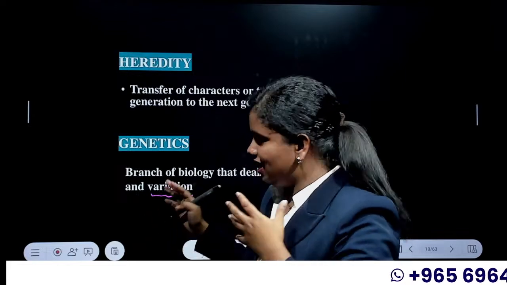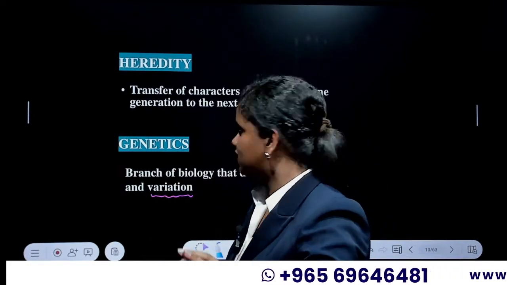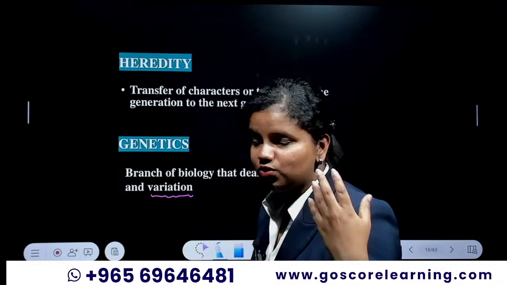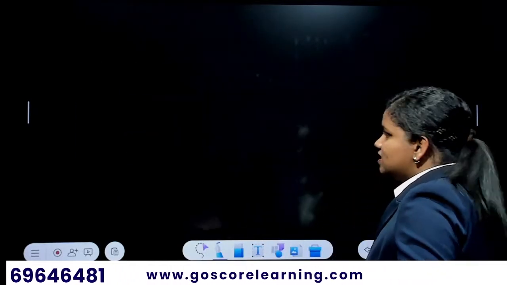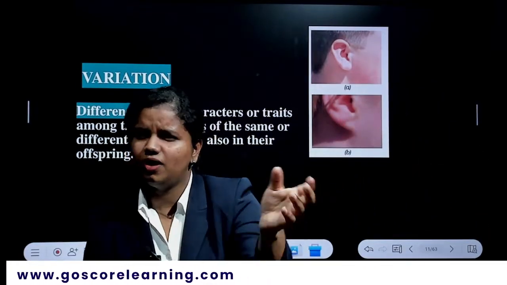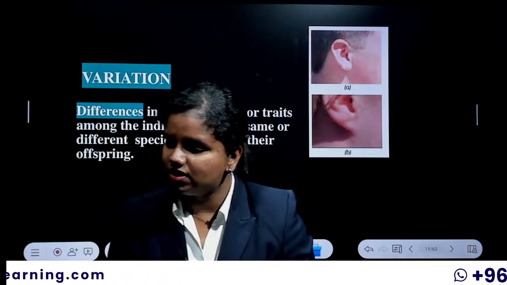Anyways, let's finish up this question. Genetics is nothing but a branch of biology that deals with heredity and variation. Study now and here. Don't take it anywhere. You can learn it by heart from here. And now let's discuss what the new term is, variation. From that single terminology, I think you'll understand what variation is.